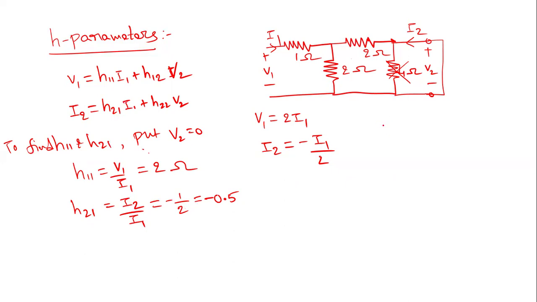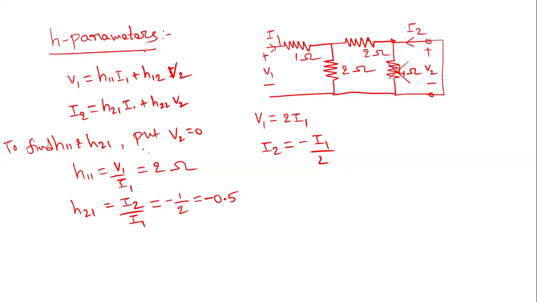So to find H12 and H22: H12 is V1 by V2 and H22 is I2 by V2.